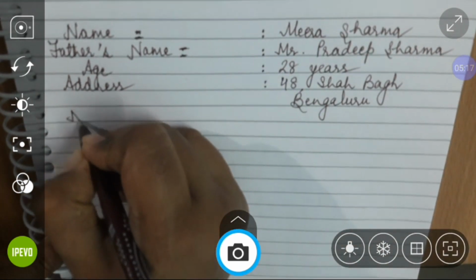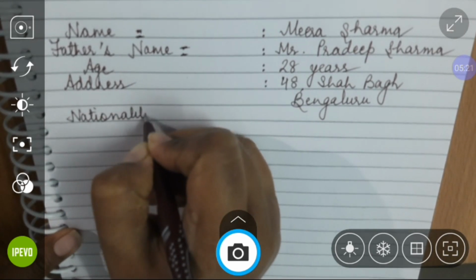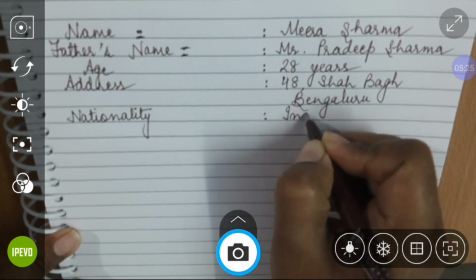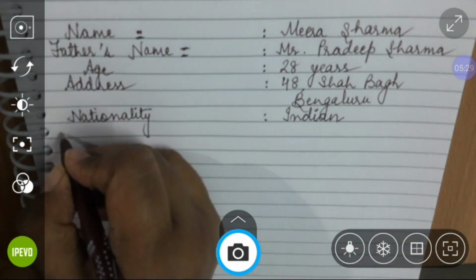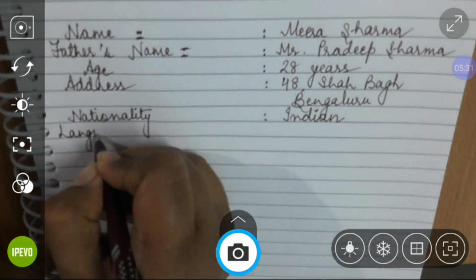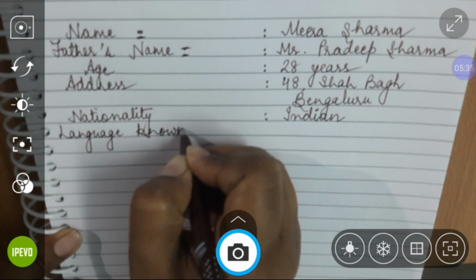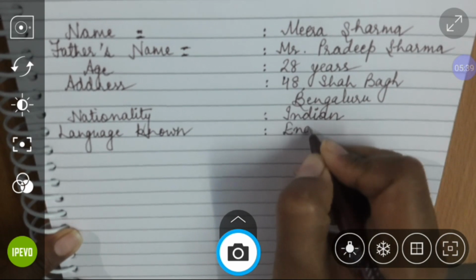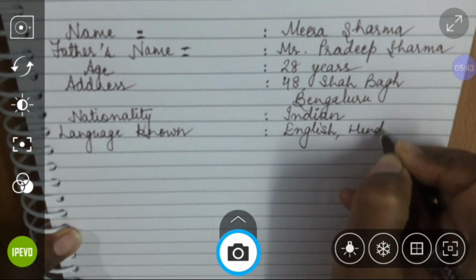Then nationality, Indian. Then language known, English, Hindi.